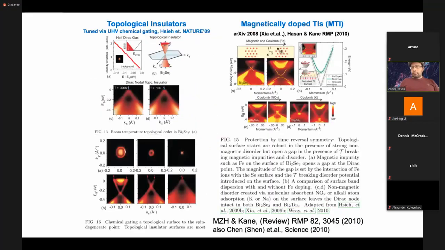So just as topological magnets started with the earliest topological insulators, there's this 2008 arXiv paper we showed. You dope the surface or the bulk and you can break the Dirac fermion, introduce a Dirac mass. And this is also reviewed in my RMP in 2010. This figure is from the RMP.